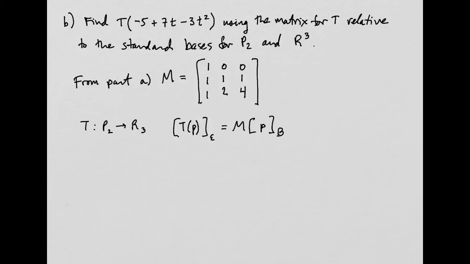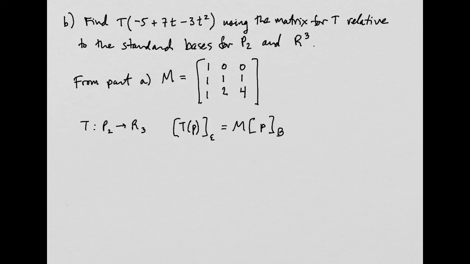Okay, so I just need to figure out what these things are. I've already got the matrix M. I need to figure out the coordinate vector of p relative to B. And, well, we already know the coordinate vector of T of p relative to E. That's just going to be T of p itself. So that saves us a step, because what we're asked to find is T of p, and we'd have the coordinate vector here, and then we'd have to reconstruct T of p from the coordinate vector.